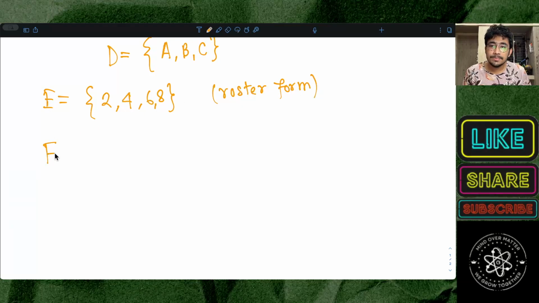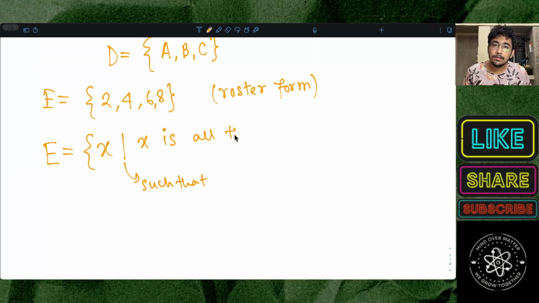This same set can be written like this: the set E is x such that x is an even integer between 1 and 10.